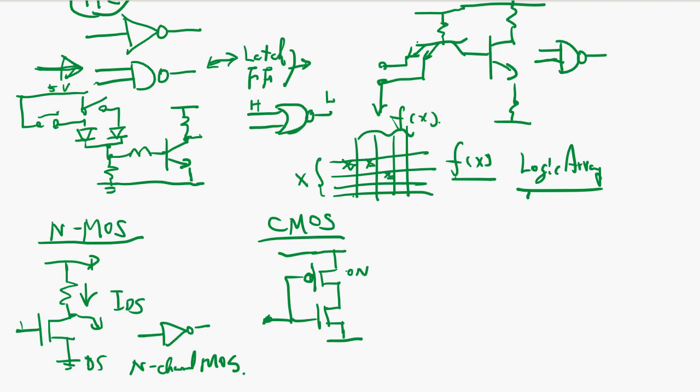Okay, so the output becomes high when the input is low. When the input is high, then NMOS turns on, okay, and this will be off. So this will be low.